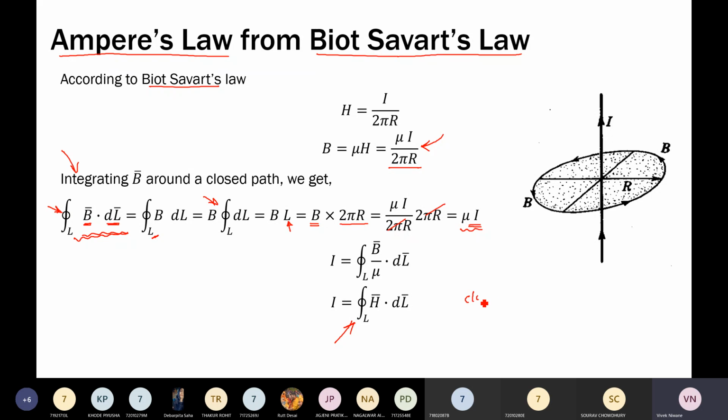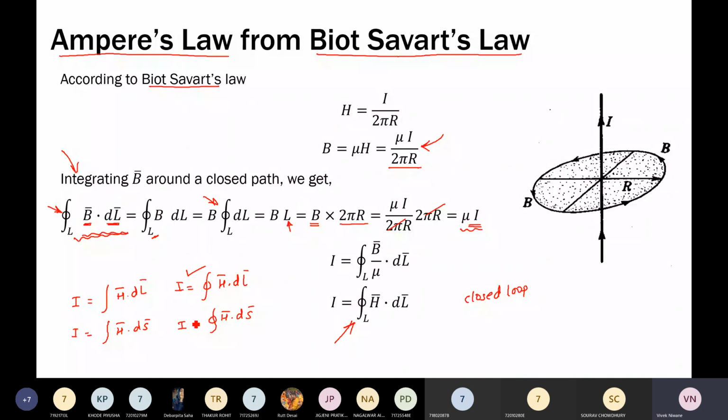Closed loop is very important. If I say select the appropriate expression for Ampere's law, and you have expressions like I is equal to H bar dot DL bar, or I is equal to H bar dot DS bar, or I is equal to closed surface integration of H bar dot DS bar, then definitely you are going to tick the closed loop one.